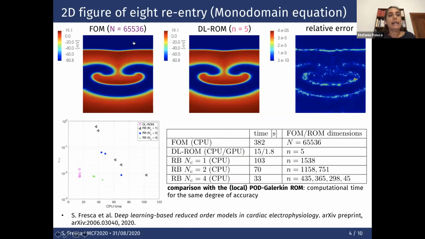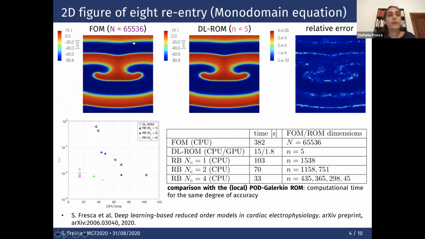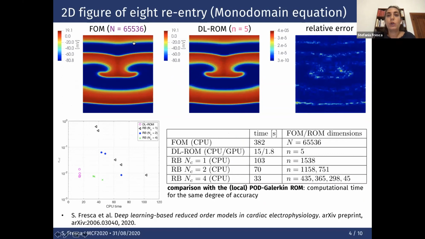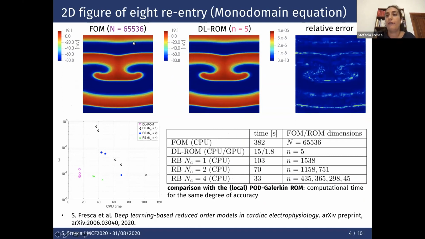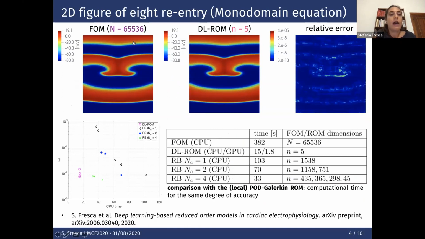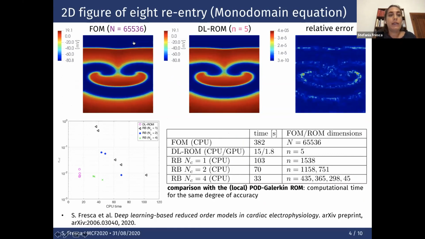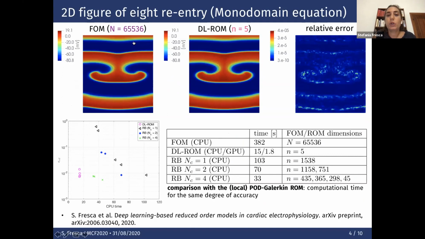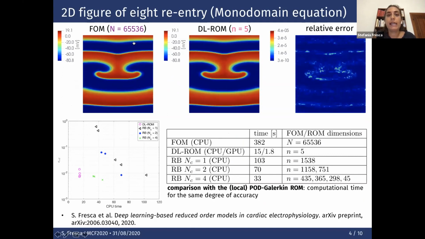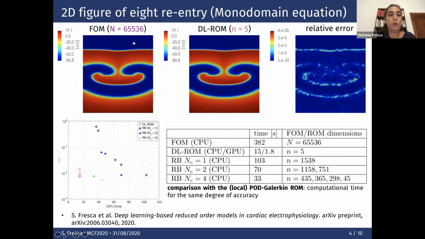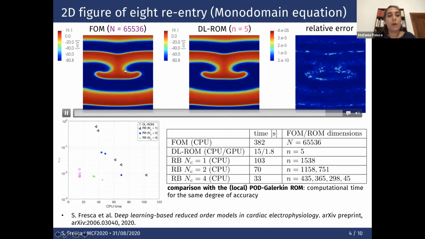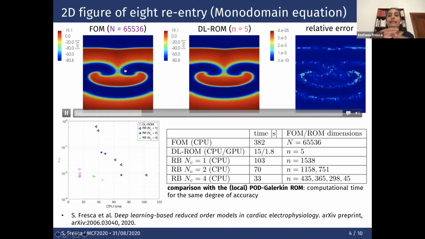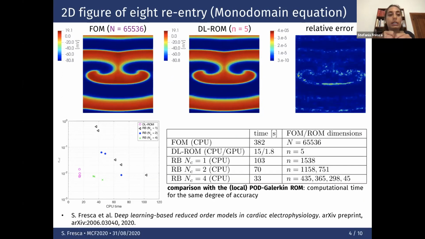The first numerical test I want to show is a 2D figure-of-8 reentry solution of the monodomain equation discretized by means of P1 finite elements. The comparison between the FOM and the DL-ROM solution for a testing parameter instance is the one in the movie. In particular, here the parameter is the y coordinate of the center of the second stimulus.